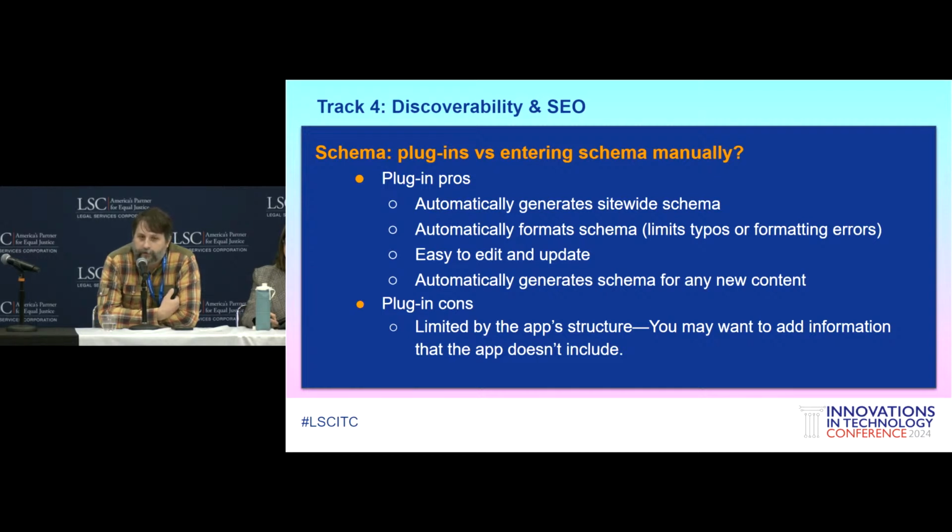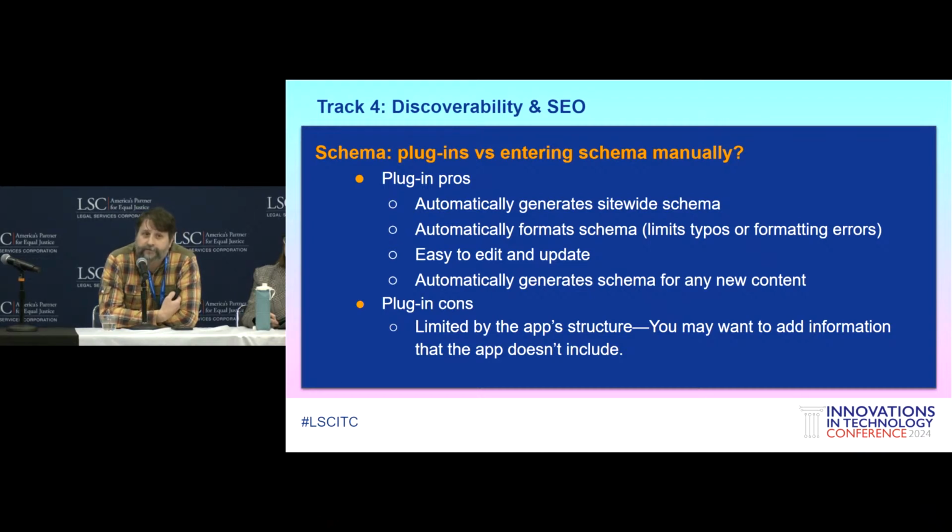That's 800 pages, 1,000 pages, it's a lot. It automatically formats everything. You don't have to worry about typos or even programming knowledge. You don't have to be a programmer or a developer to get this to work. And even if you create new content, the schema will be there for that content. You don't have to worry about updating it for every piece of new or edited content.